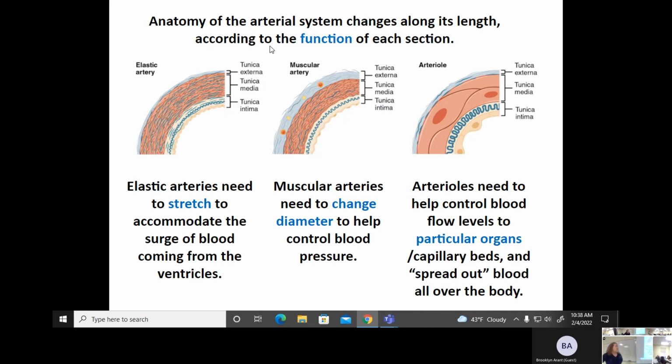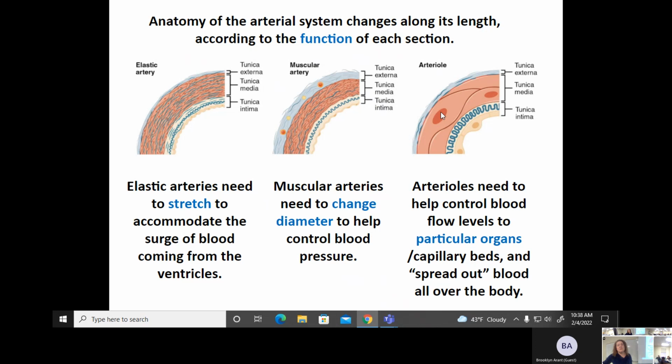Most of the arteries in the body are the regular type, which we would call muscular. This is kind of the normal. They don't really flex like an elastic artery, but they can change their diameter. They can constrict or dilate. And then when we get to the very small ones called arterioles, first, this is way smaller than these.